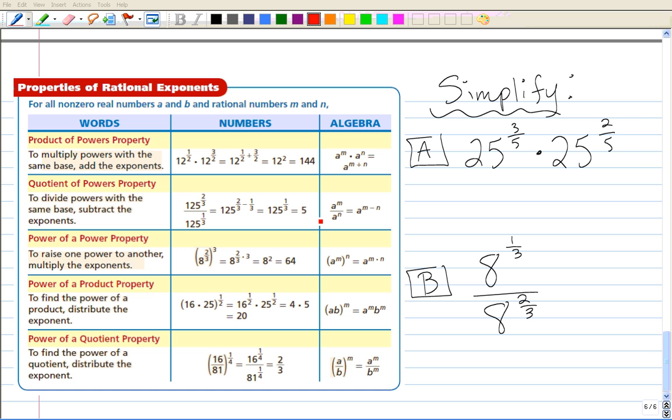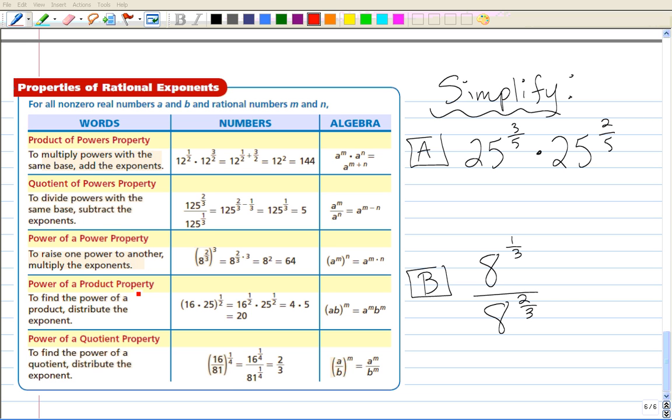If we have a power of a power, we multiply them. So 8 to the 2/3 power raised to the power of 3, raised to another power, then you'll multiply those exponents together. So 2/3 times 3 is just 2, so 8 squared is 64.